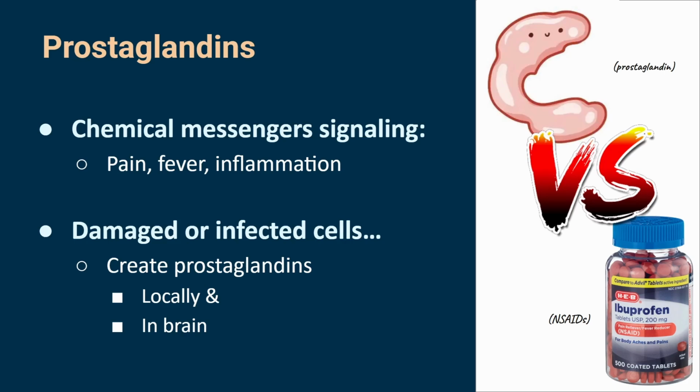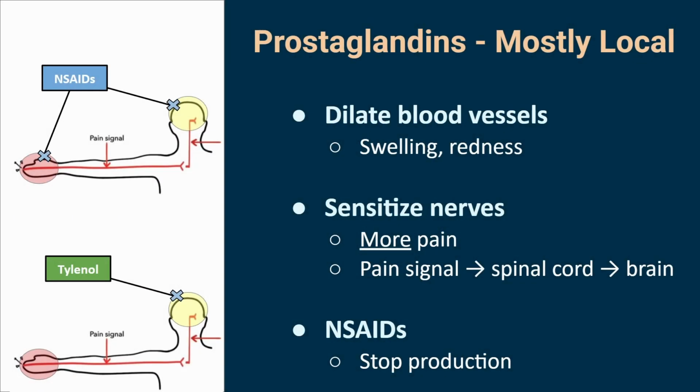Well, NSAIDs essentially stop that process from being made, or from finalizing. If you asked me, what happens when I get stabbed by a nail? I'd say, well, let's not talk about infection just yet, but let's talk about what happens to the injury site. You're going to experience vasodilation that's going to cause redness and swelling.